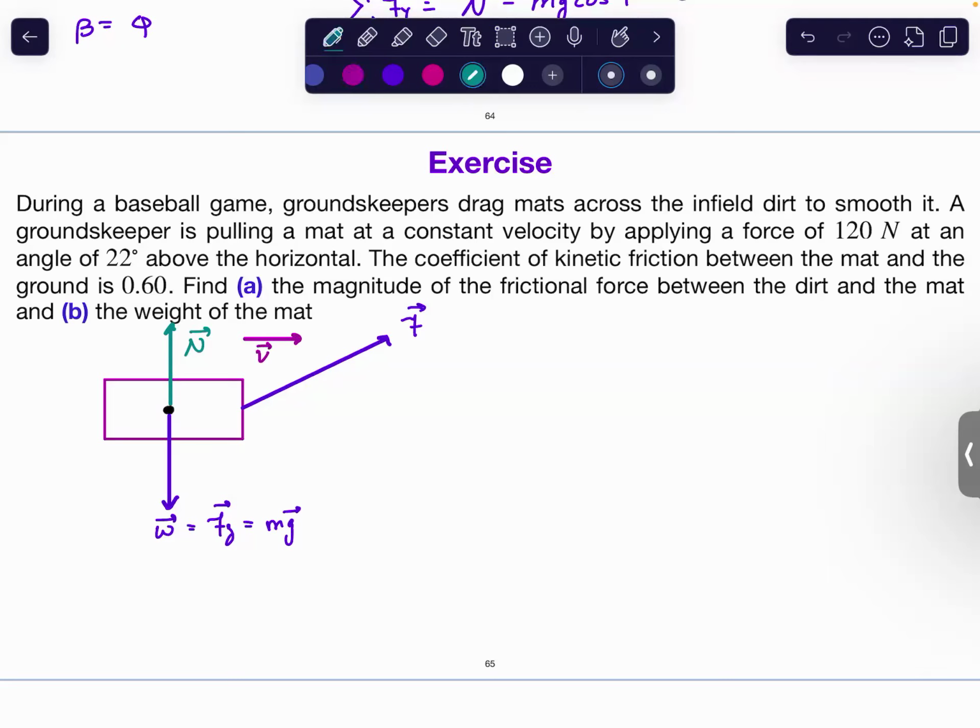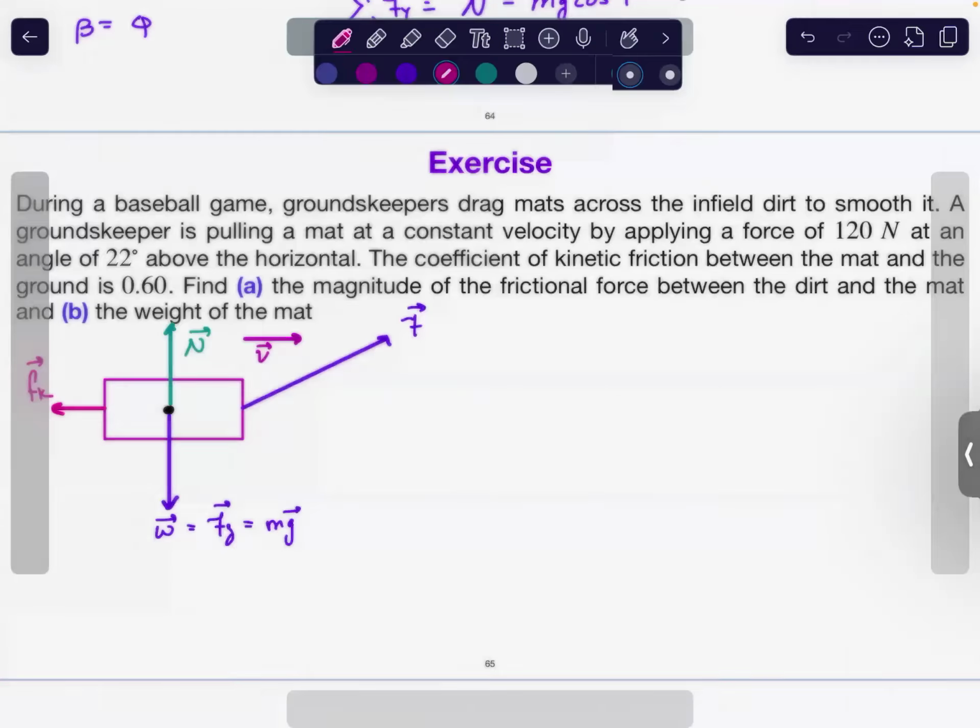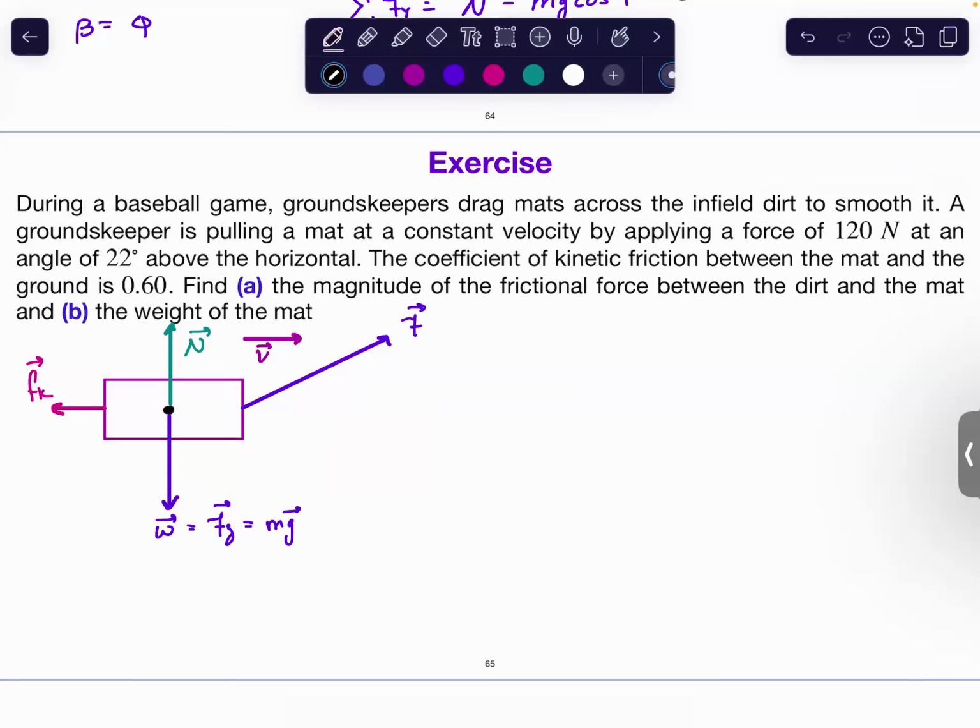And then there's going to be a frictional force going back that way, because the mat is going to be moving in the direction of the applied force, so the frictional force will be the other way. And then what I'm going to do is set myself some x and y axes.